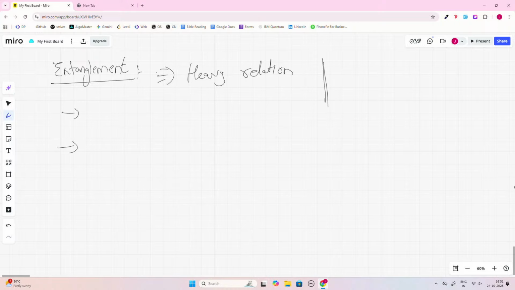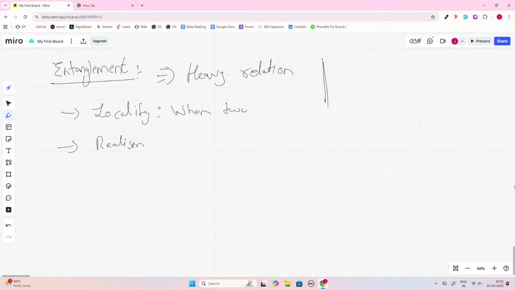So, before actually going into entanglement, we need to know about two terms. One is known as locality and realism. These two terms are very key. First thing, locality. Simply put, there can be multiple things, but I will directly say the only thing which is necessary.